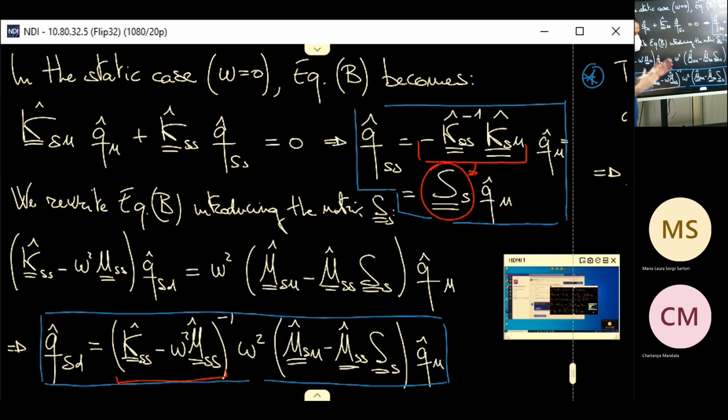If I study the dynamics of a part whose slave nodes have a dynamic which is much higher than the frequency bandwidth that I'm interested in, then I can safely consider this basically equal to 0 without losing information that matters to me. Okay, and then you can safely use the static condensation.